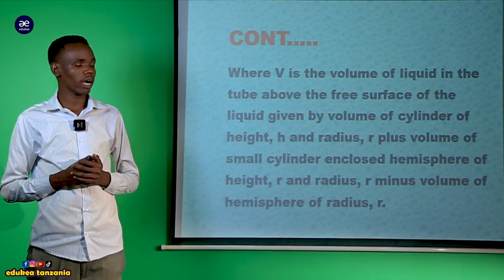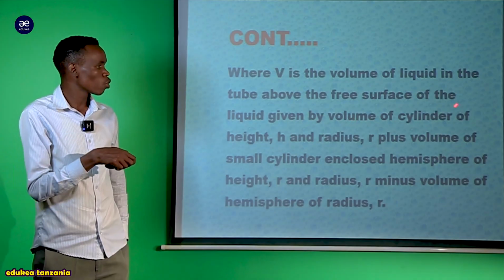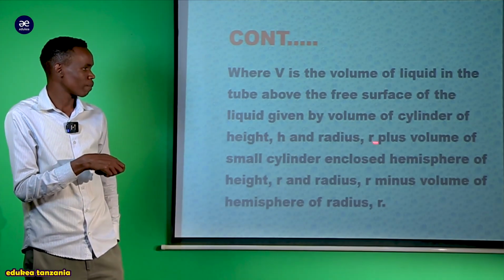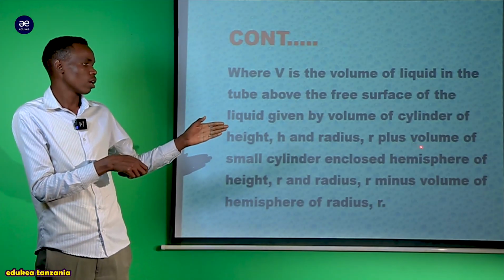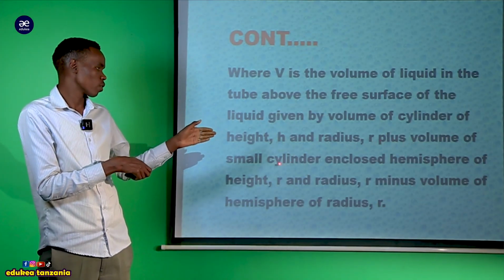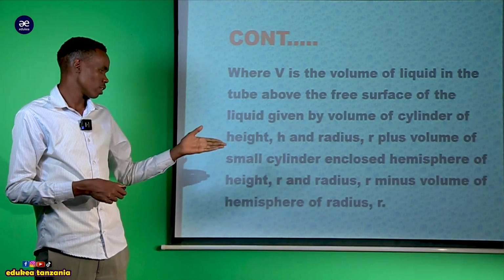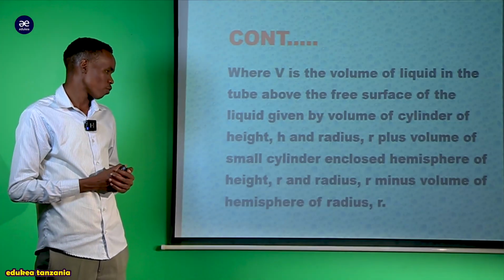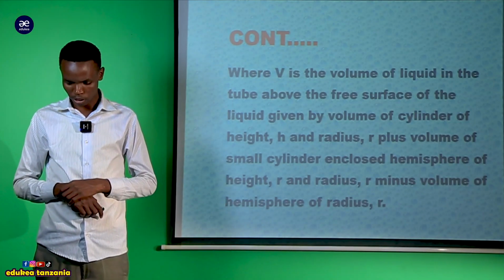And it can be obtained by taking the volume of the cylinder of height h and radius r, plus the volume of the small cylinder enclosed by the hemisphere, then we subtract the volume of the hemisphere of radius r, as we have seen here.